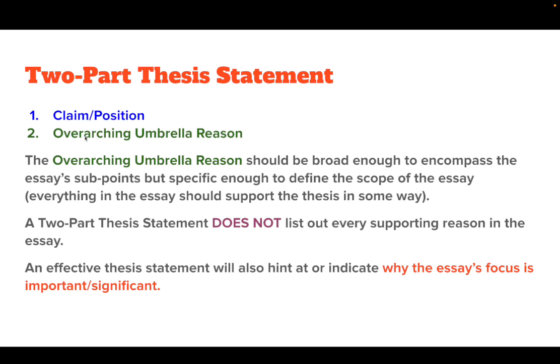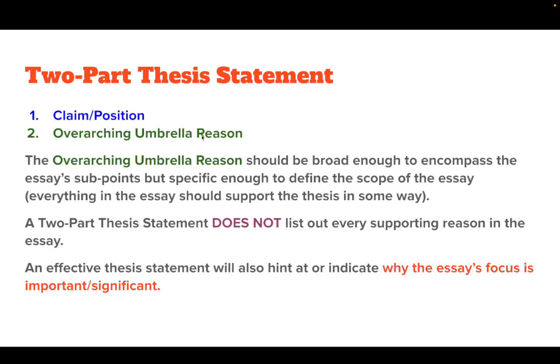So instead of listing out all of our subpoints, what we do is we just give an overarching umbrella reason. So the shape of an umbrella is an arch, right? And so we use that term to suggest that all of our body paragraphs, all the subpoints, all of the things that we're bringing up in the essay should be able to fit underneath that big, large reason.